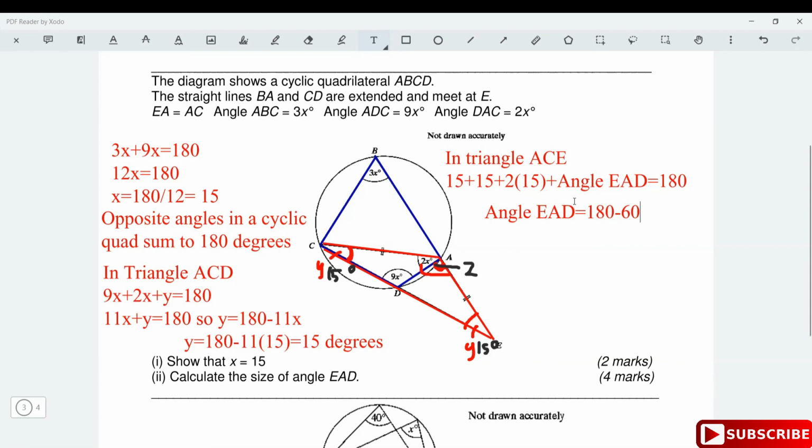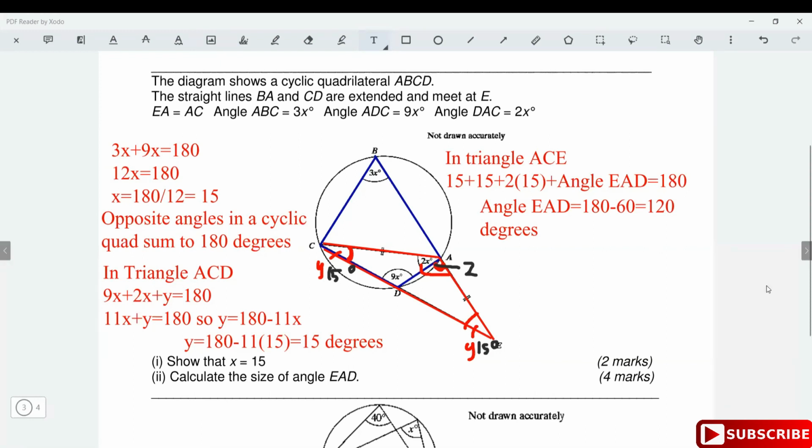Is that 120? I'm just making sure. I don't know why I didn't use the calculator, but I'm getting 120 degrees. All right, nice. So that is it, 120. So 120, the 30, the 15, and the 15, we're good.